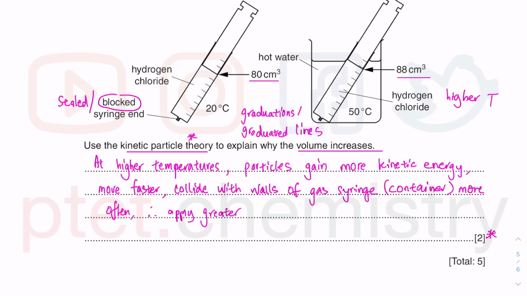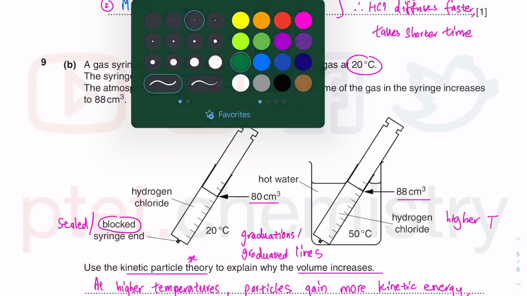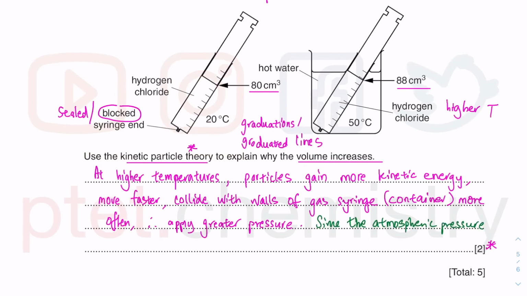However, your pressure is not changing. It says in the question that the atmospheric pressure does not change. So since the atmospheric pressure does not change, what must happen? The gas particles will actually push outward. They push, push, and push as they try to expand, and therefore they occupy greater volume in the syringe.